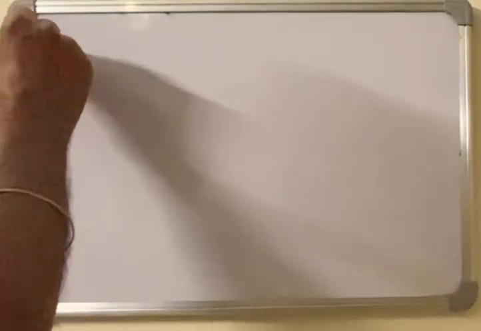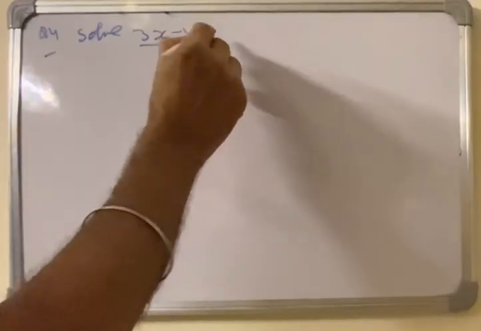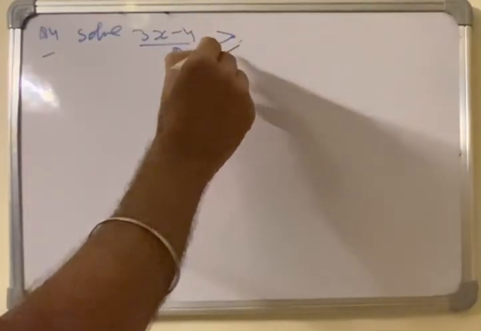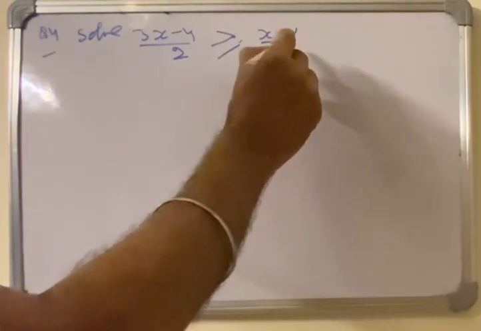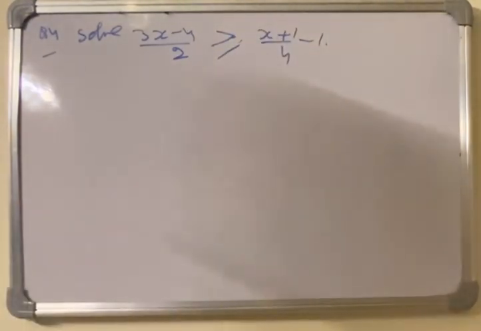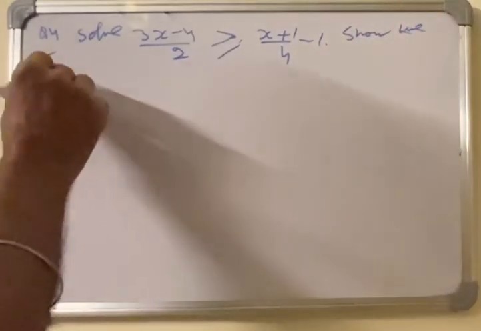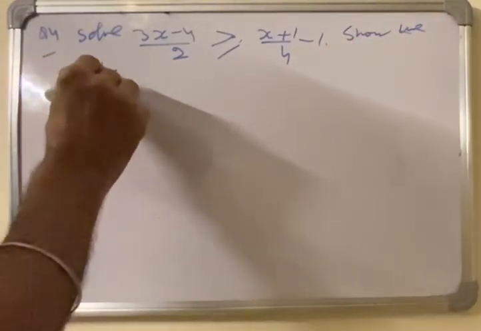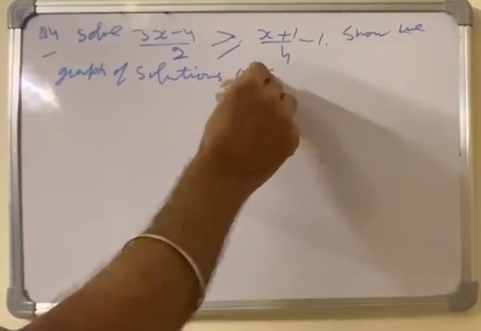Fourth question, solve 3x minus 4 over 2 greater than equal to x plus 1 over 4 minus 1. Show the graph of solution on a number line.